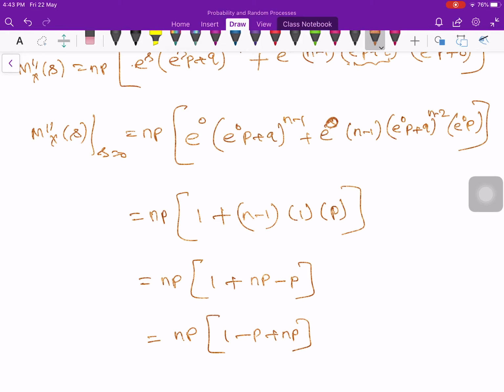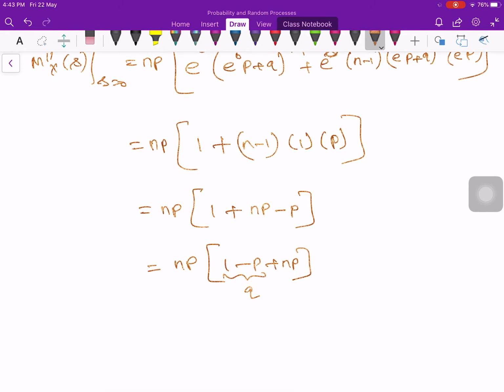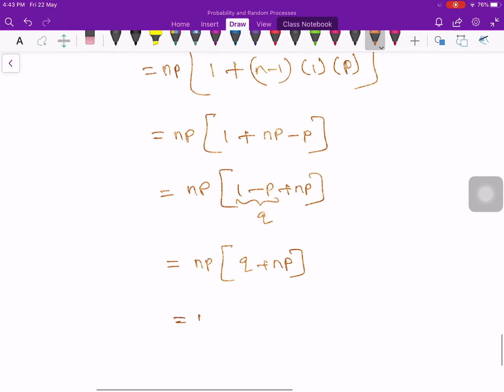Here 1 minus p is nothing but q, so therefore this is np times q plus np, that is npq plus n squared p squared.